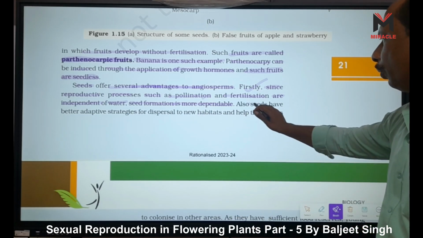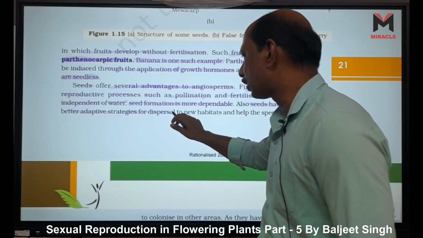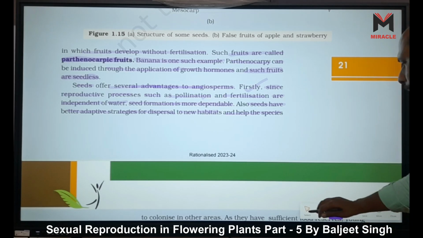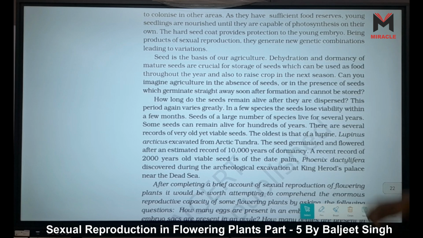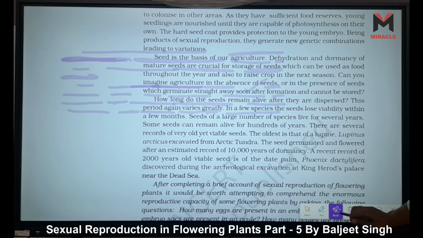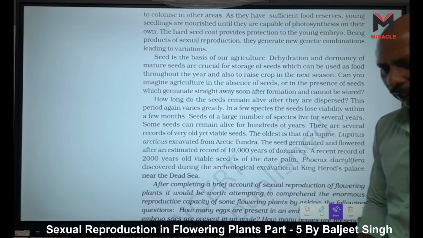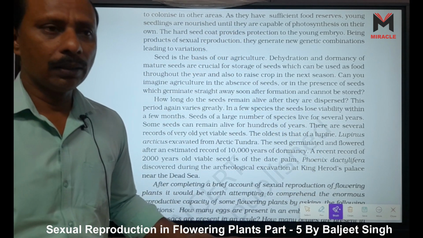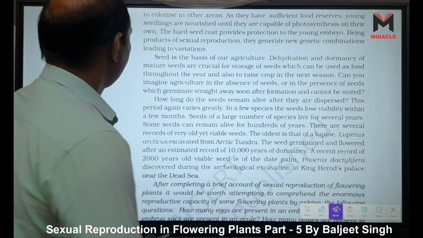Also, seeds have better adaptive strategies for dispersal to new habitats and help the species to colonize other areas, right? Because they have special dispersal methods, they can disperse to different places.